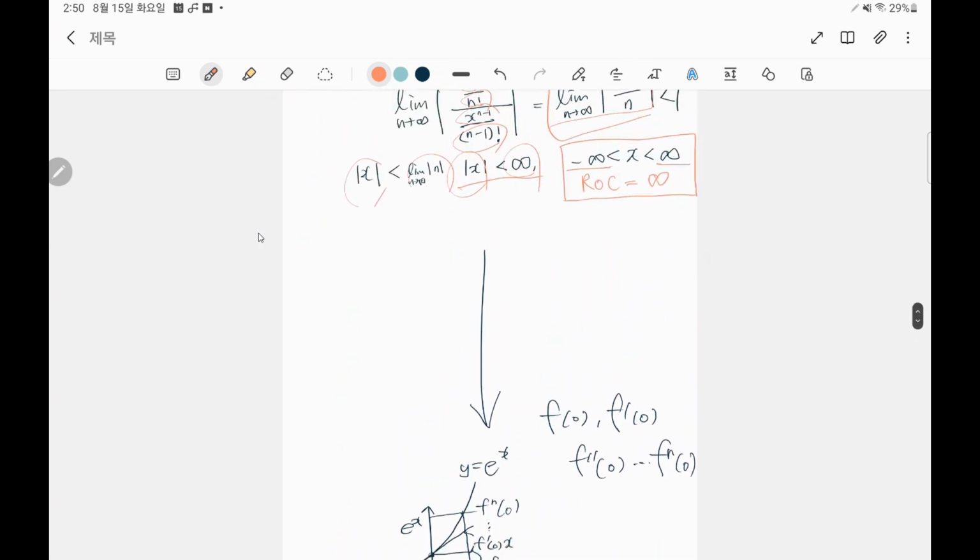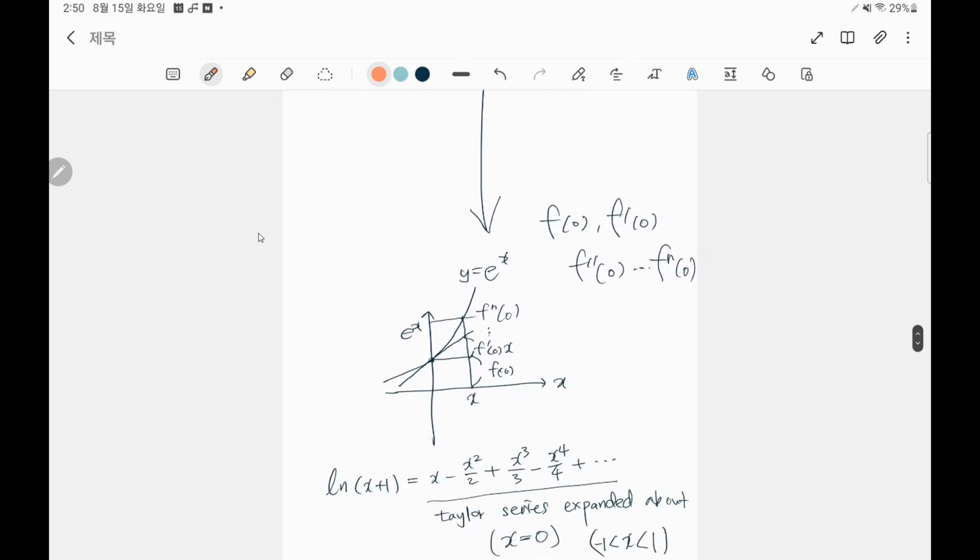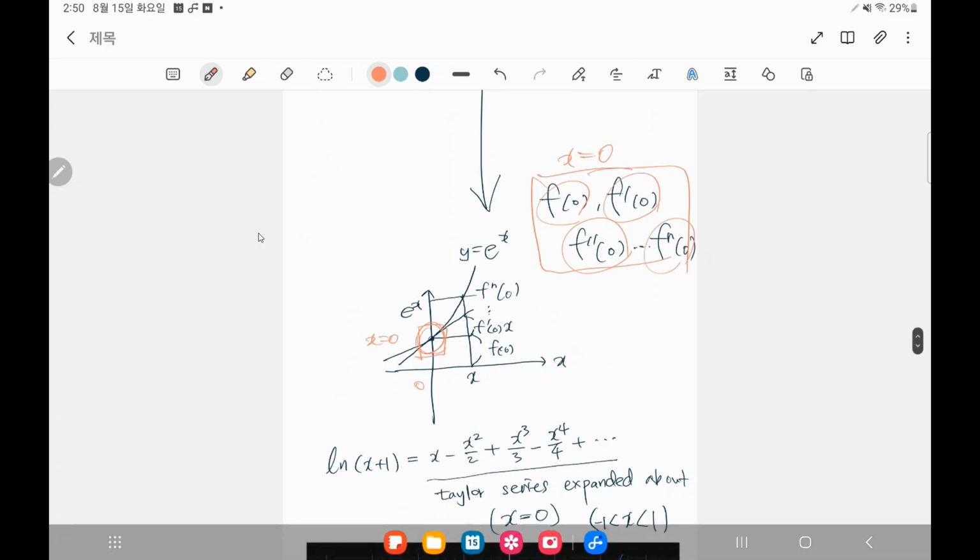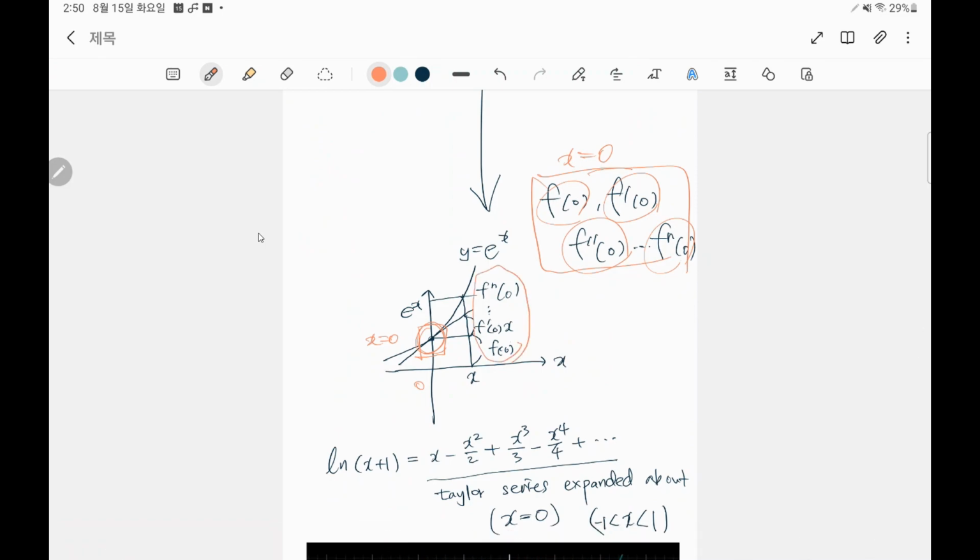This implies that if you expand it about a certain point, x equals 0 for example, and you know all the information around that point, for example f of 0, f prime 0, f double prime 0, to f nth prime 0, you can construct e to the x, the original function, by summing up this Taylor series, and you can get all values of e to the x with any x.